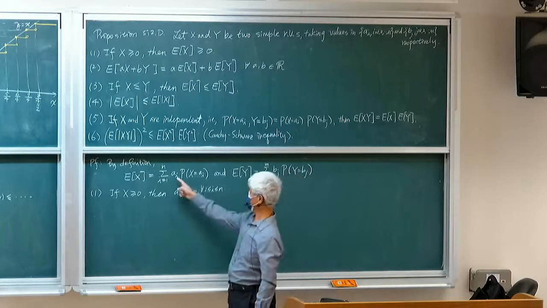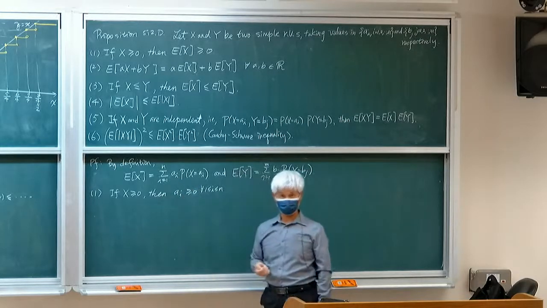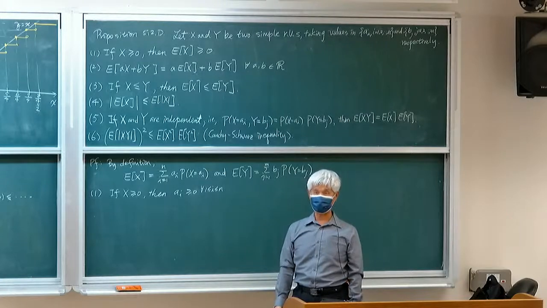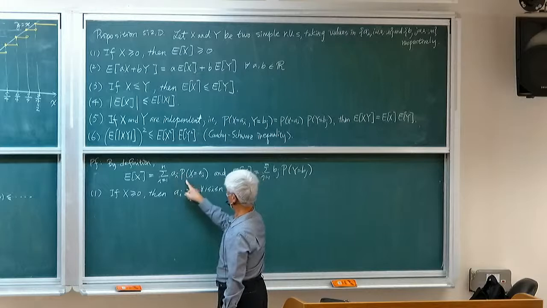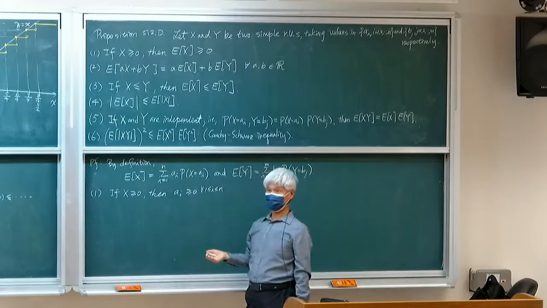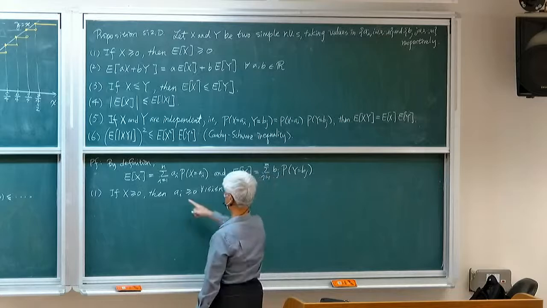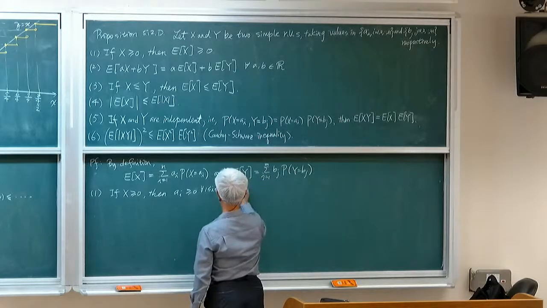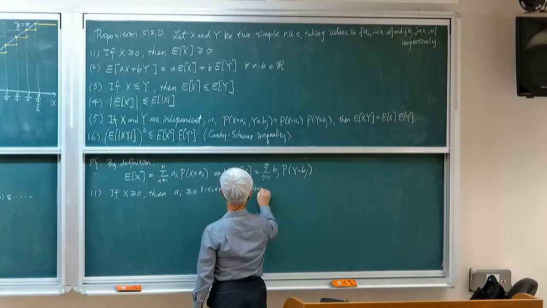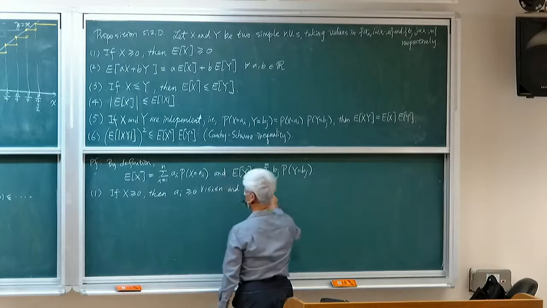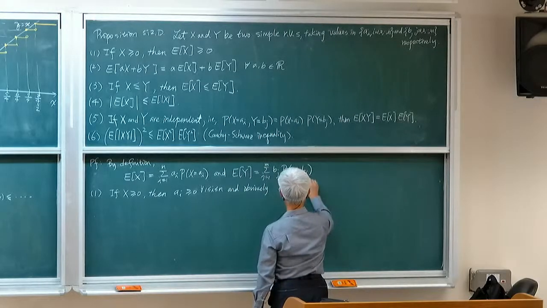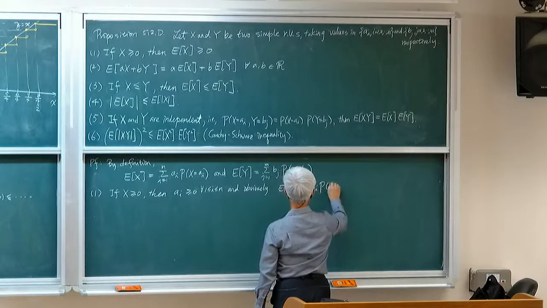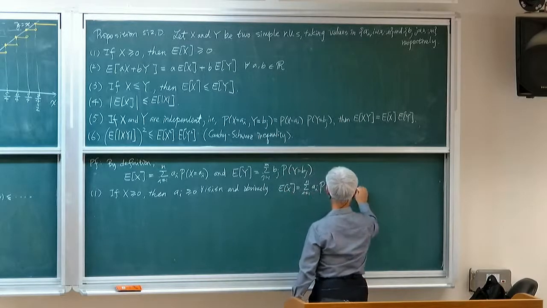Each ai should be greater than or equal to 0, and the probability is always non-negative, so obviously the expectation of X is greater than or equal to 0.